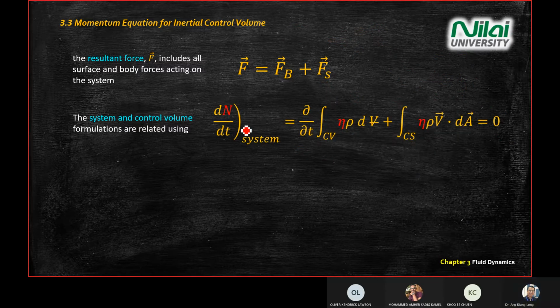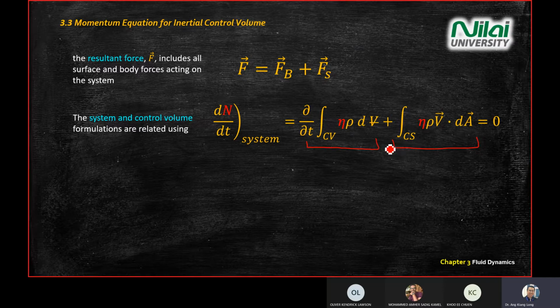So these are the basics. Okay. Now we use a general equation like what you see on the screen here, the second equation. We have N replaced as any entity that you want to calculate. So it will equal the integration of something, rho v, plus something, rho v dot dA. So again, we are looking at what changes in the control volume and what changes in the control surface.